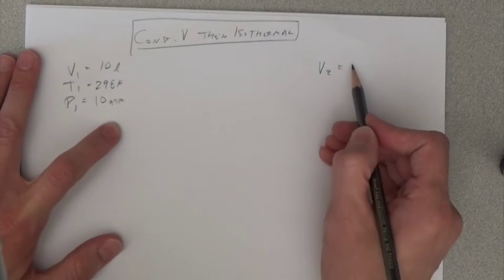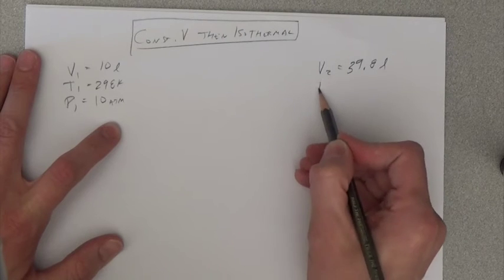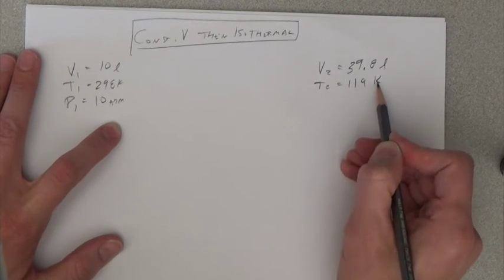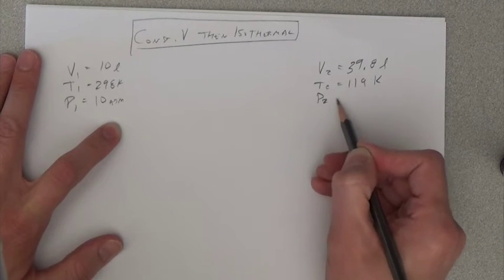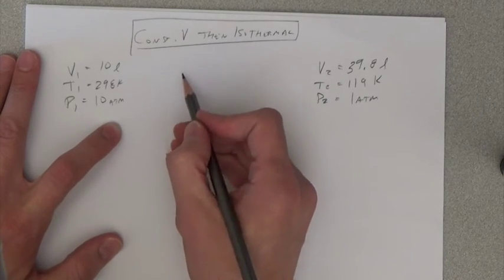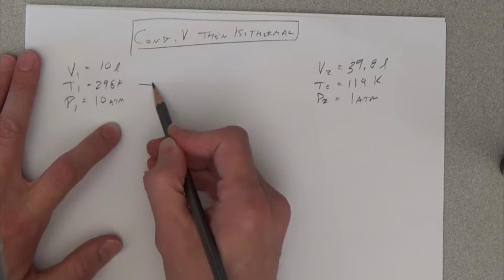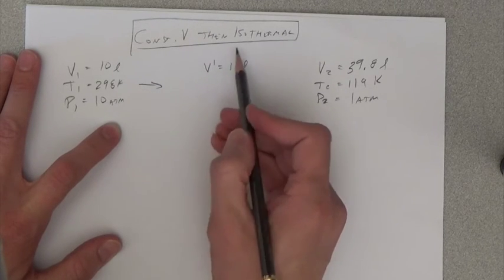V2 is equal to 39.8 liters, T2 is equal to 119 K, and P2 is equal to 1 atmosphere. Constant volume means that V prime is 10 liters.